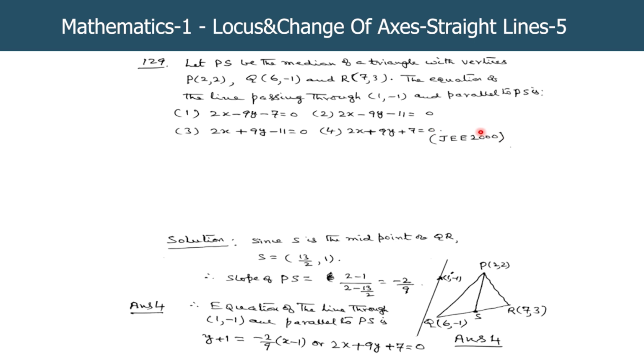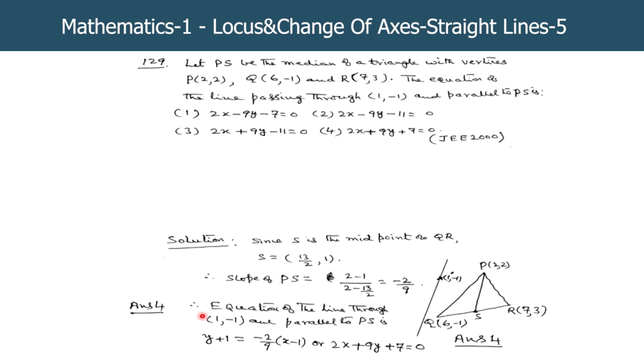Now since S is the midpoint of QR, S is equal to (13 by 2, 1), and the slope of SP is (2 minus 1) by (2 minus 13 by 2), which is nothing but minus 2 by 9.